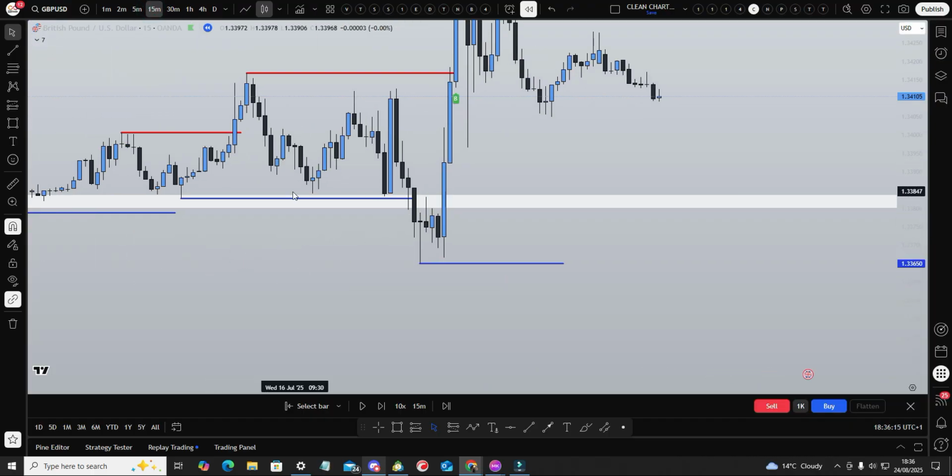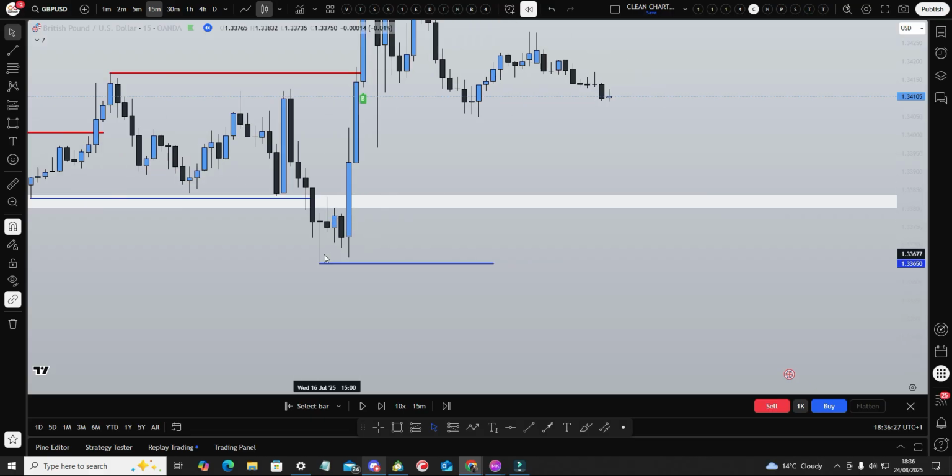Price obviously accepts this zone as support. Strong bullish engulfing, strong support, but it comes totally back down, breaks through, rejects, and obviously in this case, the break and retest was still successful.